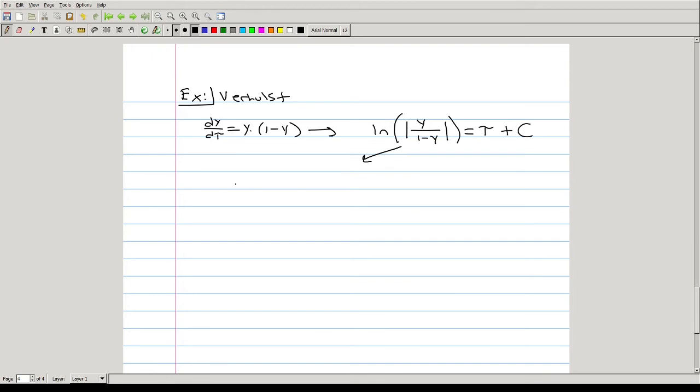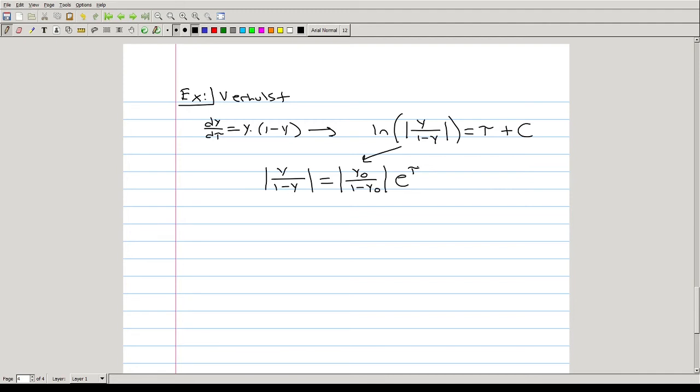This then leads us to conclude that the general solution to our differential equation is of the form y over 1 minus y is equal to the absolute value of y naught over 1 minus y naught times e to the tau, which when we went through and solved the population model, we were able to make an assumption about y being positive and being between 0 and m.